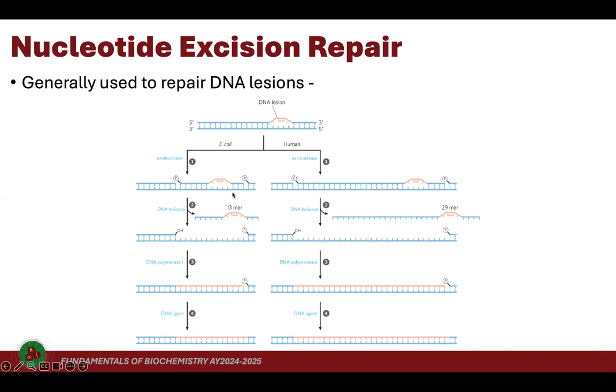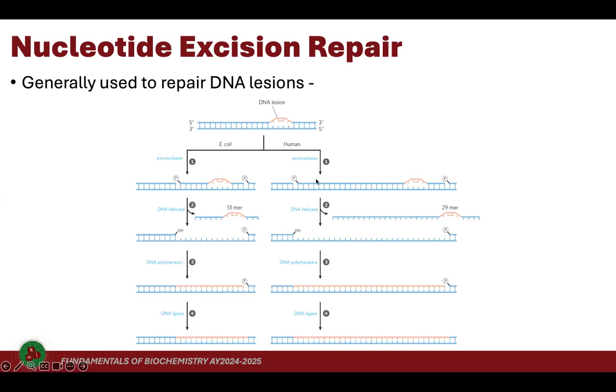So after the cleavage, DNA helicase catalyzes the unwinding so that the oligonucleotide can be removed from the double strand, and then DNA polymerase 1 does its thing of incorporating the correct nucleotides using the template strand, and then DNA ligase joins the nick.